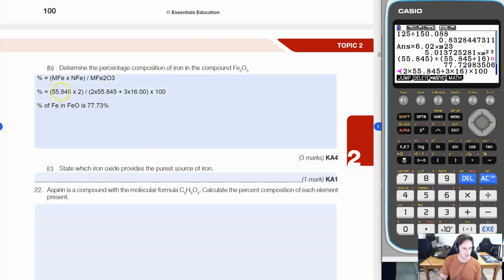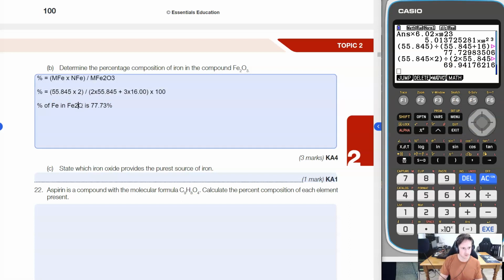So can you see why it's important to write down what you're putting in the calculator, because otherwise you can easily make a mistake. So we get the percentage of Fe in Fe2O3 is 69.94%.